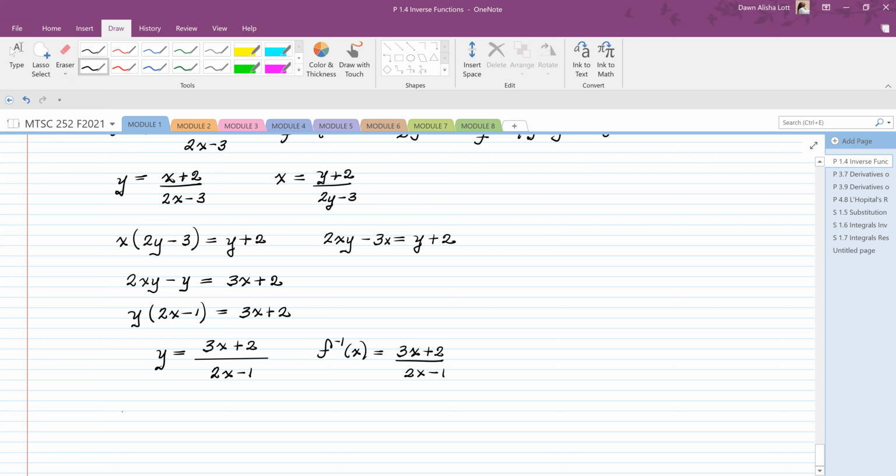And so now the domain of F inverse is the set of all x such that x is not equal to a half. And the range of F inverse is the set of all y such that y is not equal to 3 halves. All righty.